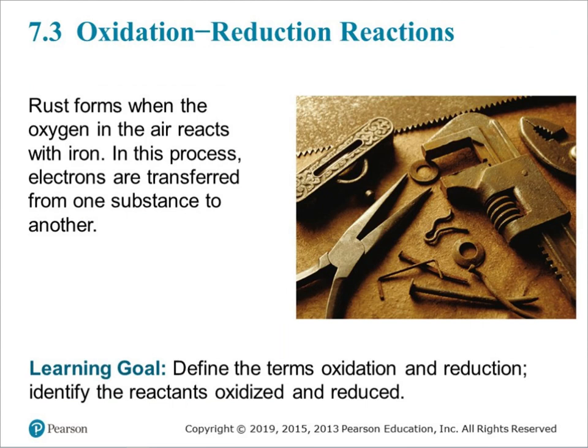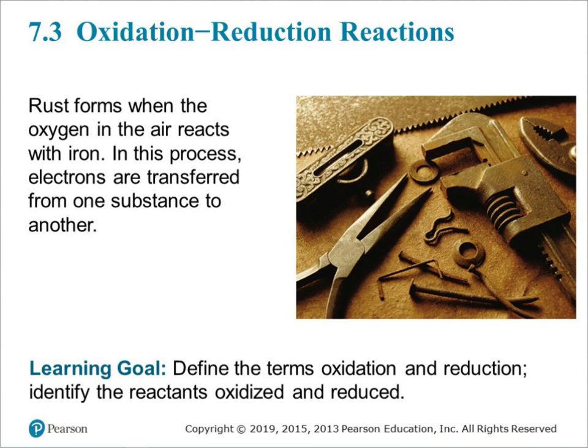We're going to start with oxidation and reduction reactions. If you are from a northern state, you are familiar with rust. I came from Michigan, that's where I did my grad work, and with the salt, the cold temperatures, and the moisture, your car will rust.